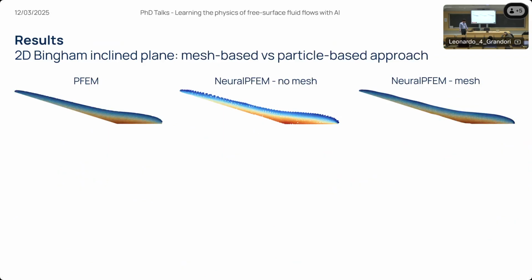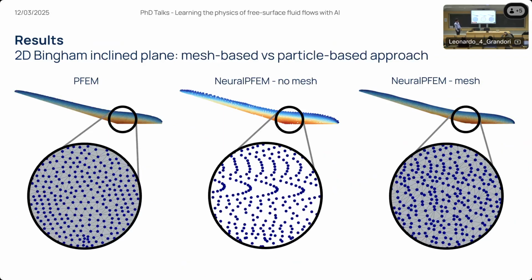Here we can see also another reason why we keep on using the mesh, even if, for example, in the self-attention version of our architecture the edges are no longer required. Because by keeping on using the mesh, we can also exploit the mesh knowledge that we already have on the PFM.